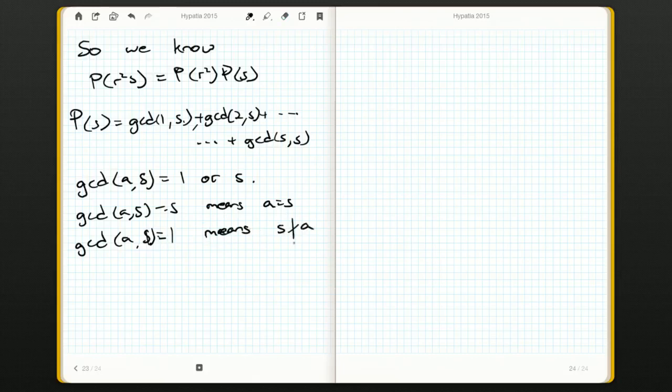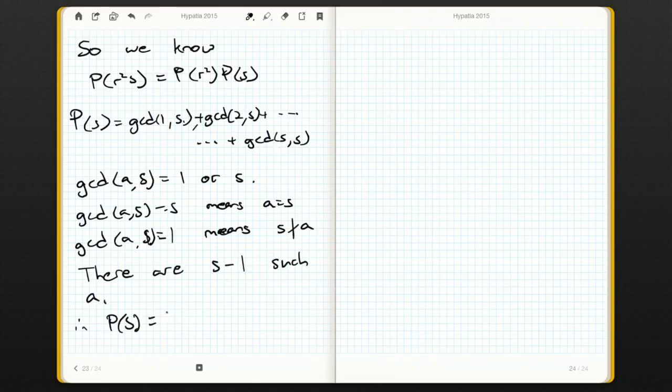So if we have a GCD of 1, that just means that s is not a factor of a. The only value from 1 to s that has a factor of s is s itself. So there's s minus 1 values of a that give us a GCD of 1.